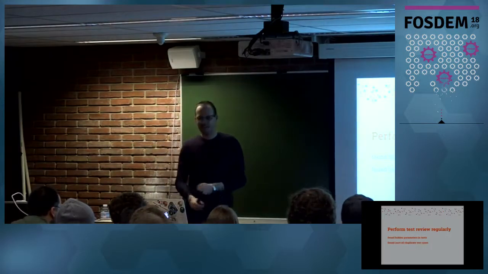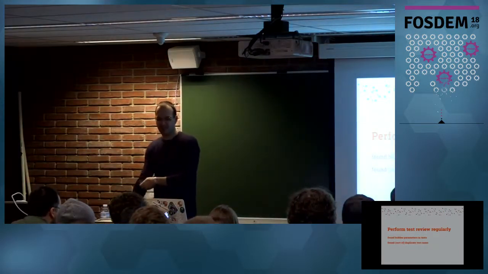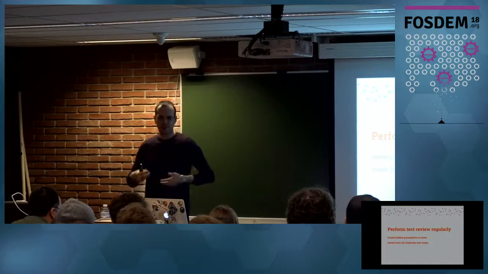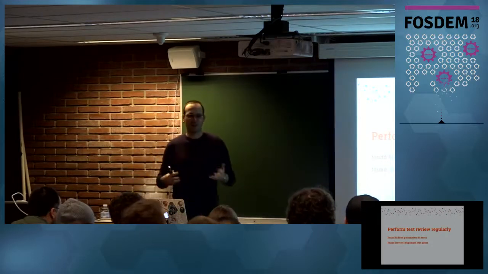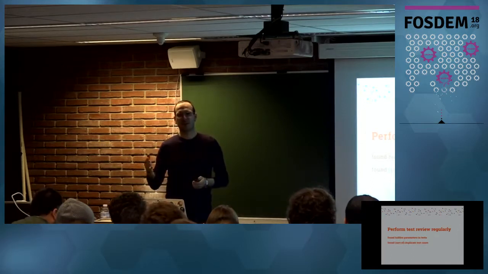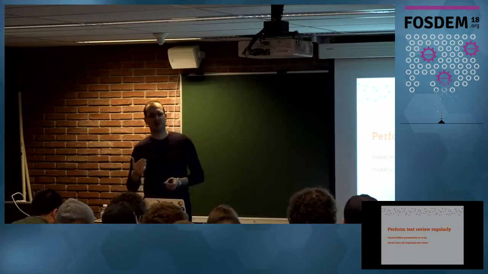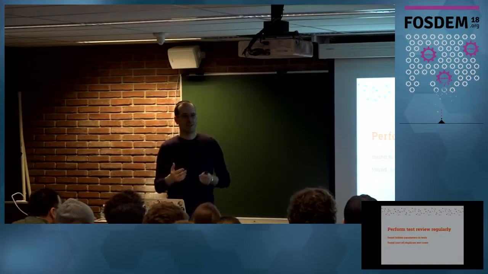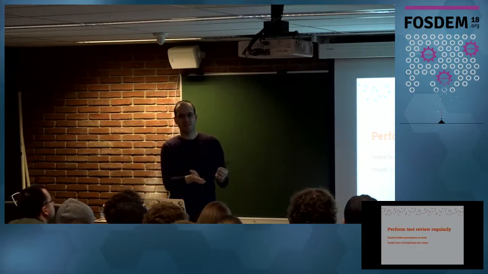The other thing that I learned for myself is we need to do test review more regularly as a team, and I'm not talking about going to the bug tracker and seeing, oh, we have these new bugs, or we have some regressions, let's review test cases which are related to that area and improve them.